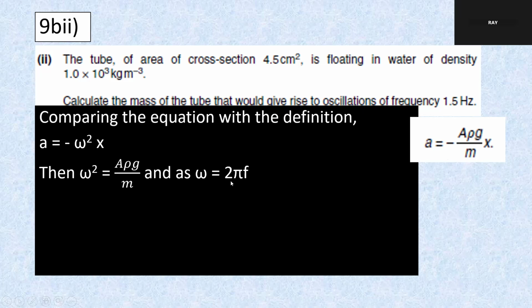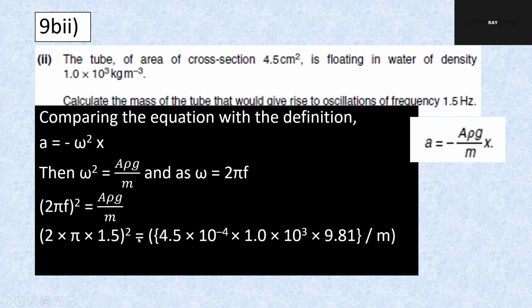Omega is 2 pi f, so replace omega with 2 pi f squared and put in the values given. Frequency, area converted from cm square to meter square, density, g is 9.81, divided by mass.